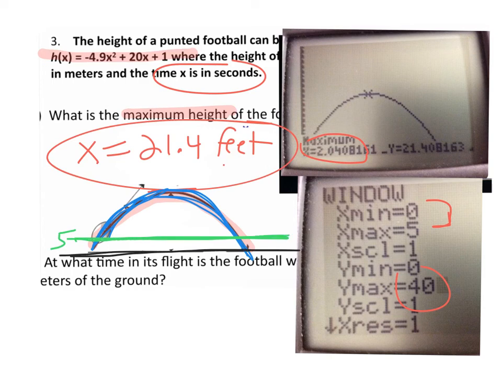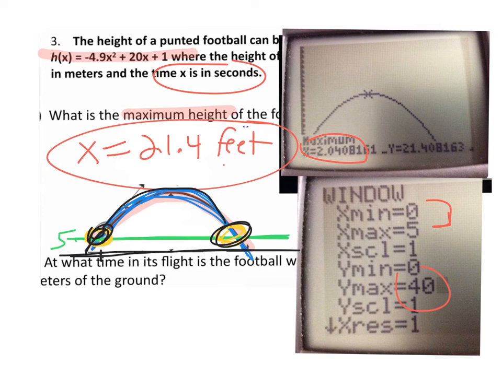Well, if you notice, there's actually going to be 2 times that the ball is 5 meters up. It's going to go 5 meters on its upward path. There'll be a time, probably shortly into the kick, and then as it's about to land, there's going to be a time when it's 5 meters up.